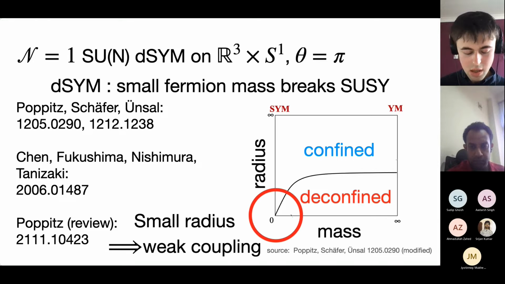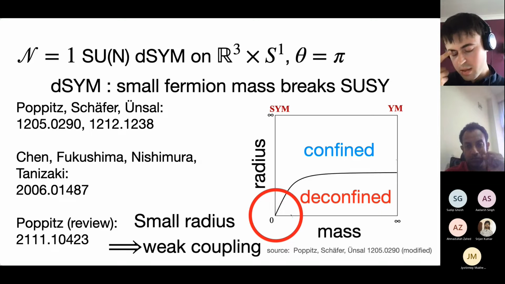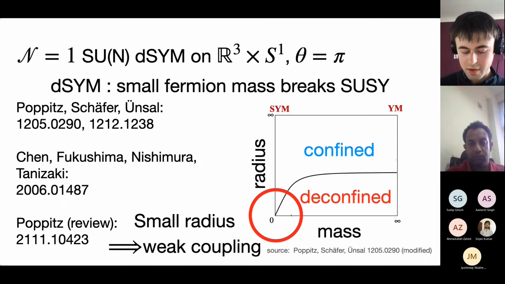When the radius is small, we're at weak coupling, and that's in this region here. We can investigate this deconfinement transition analytically. When the mass is 0, we're in the completely supersymmetric theory, which is why this area is easy to control and investigate.